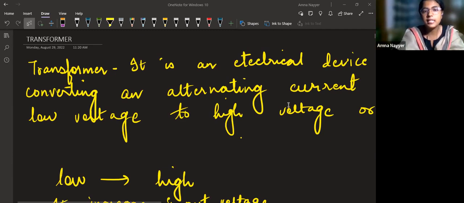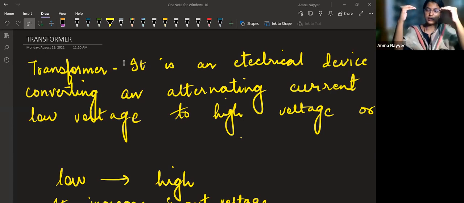Clear? Step up transformer was what? A step up transformer is simply a transformer that converts low voltage to high voltage, something that is rising from low voltage to high voltage. Then you have a step down transformer, from voltage that is high to voltage that is low.